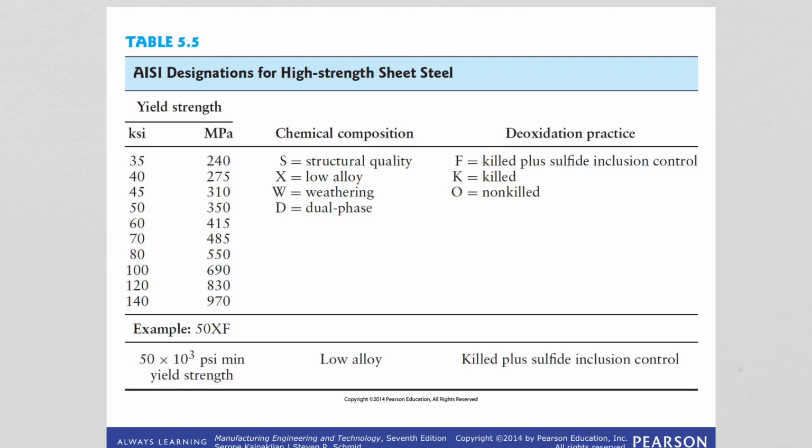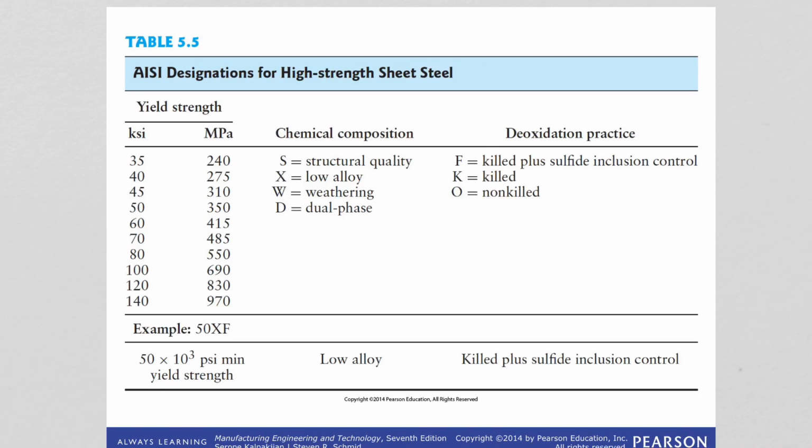Here we are seeing the AISI designation for high strength sheet steel. Depending on the chemical composition, a number is designated. For example, S. S means structural quality alloys.